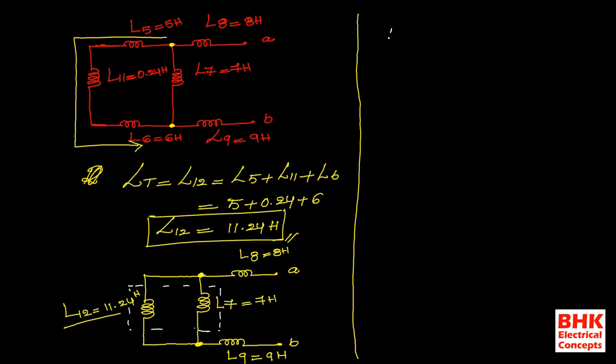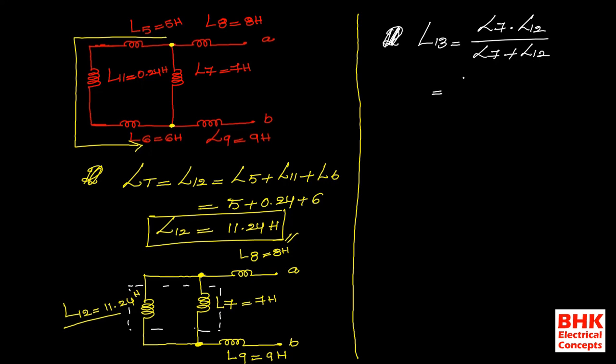Now I am taking L13 is equal to, when inductors are connected in parallel, we can directly take what? The product of two inductances divided by the addition of the two inductances. That is L7 into L12 divided by L7 plus L12.